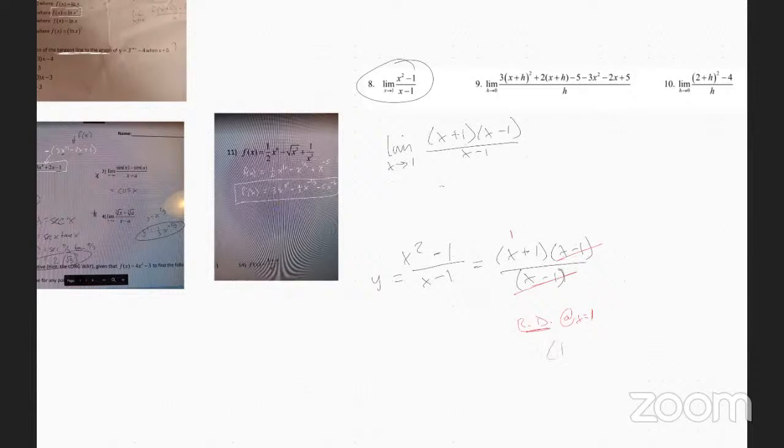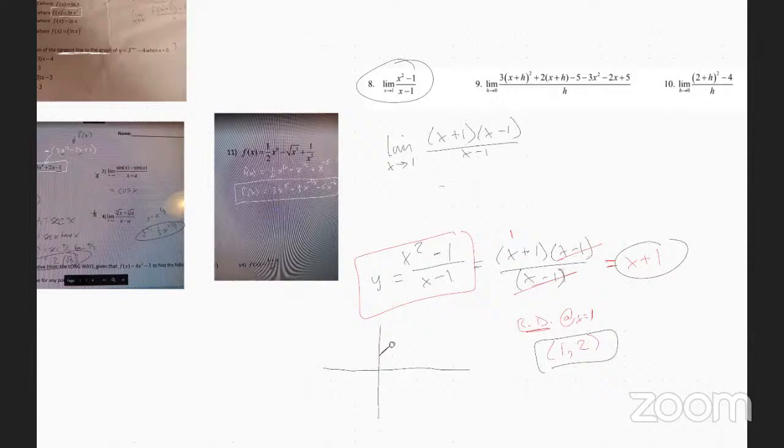So really all this is nothing more than just a line with a hole in it, because it's just the same as x plus 1, except there's a hole at 1 comma 2. So that's what that function is.